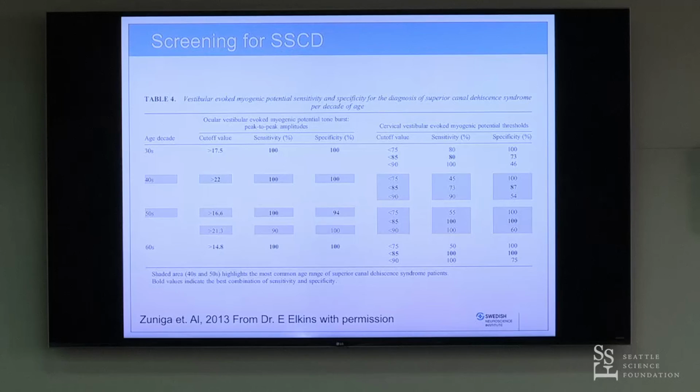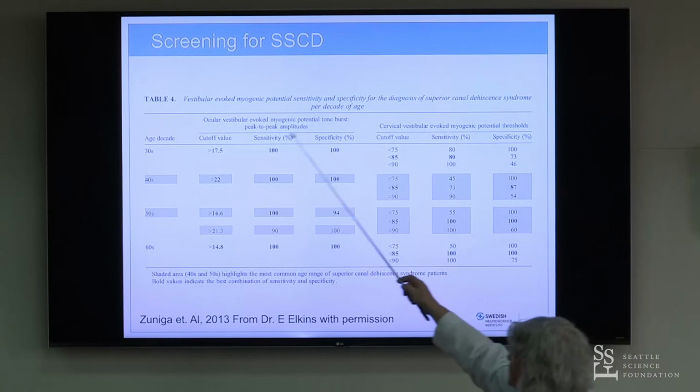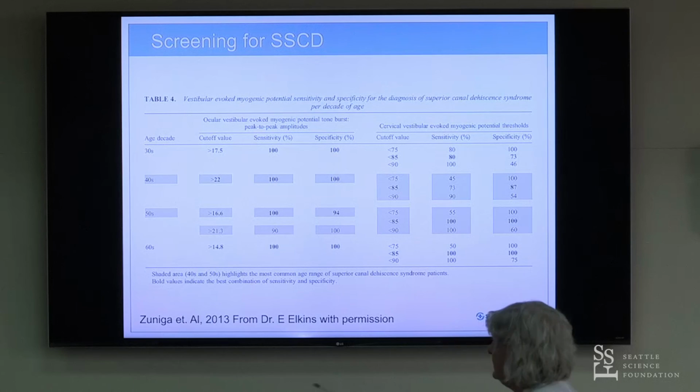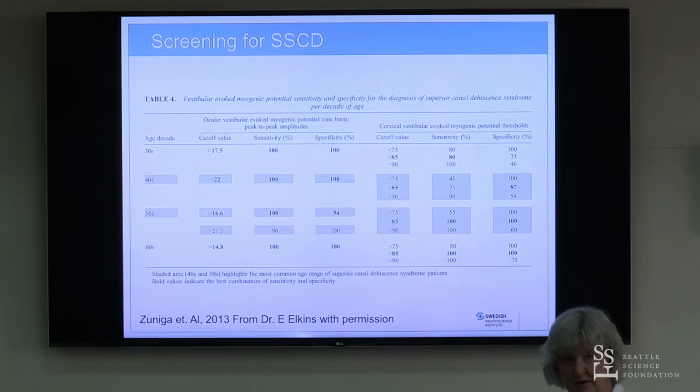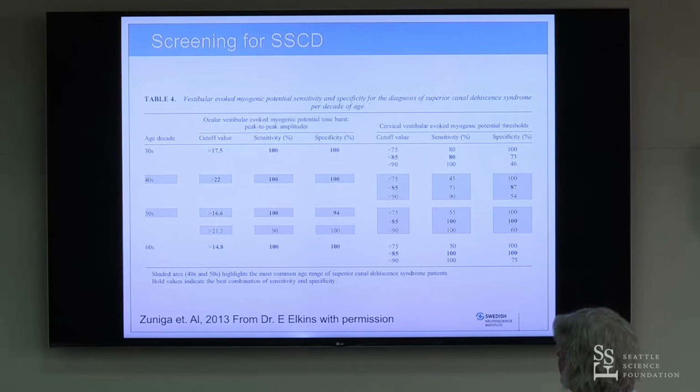But they're looking at the sensitivity and specificity of the cervical VEMP versus the ocular VEMP. Small numbers of patients, this is new. It's a new technology. The data's just coming out. I wouldn't hang my hat on it forever. But this is coming out in 2013, and I thank Liz Elkins because she gave me this slide.